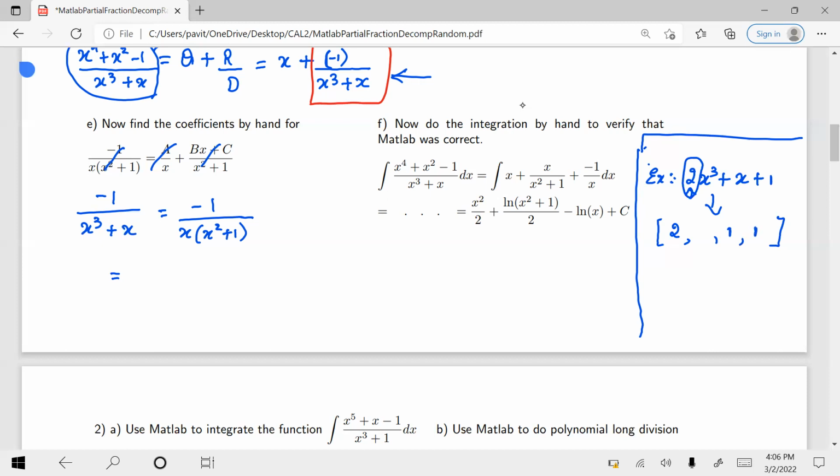Now, what do you think I'm missing? Any idea about this? This is for x cubed, this is for x, and this is a constant. What is this?